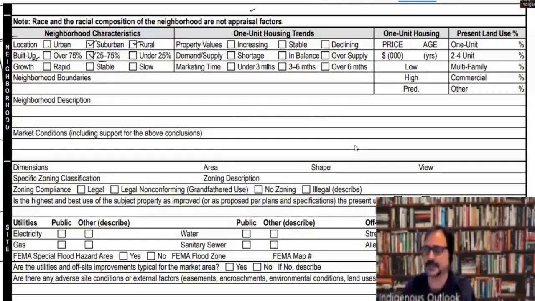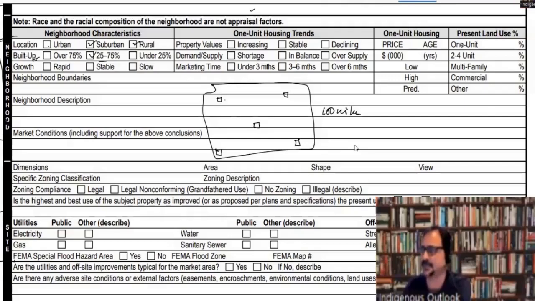If it is rural, we know that it is a rural place. There is a possibility one property is here, one property is here, one property is here. It could be within a radius of 100 miles. Now you will see how much has been occupied in this area, less than 25%.